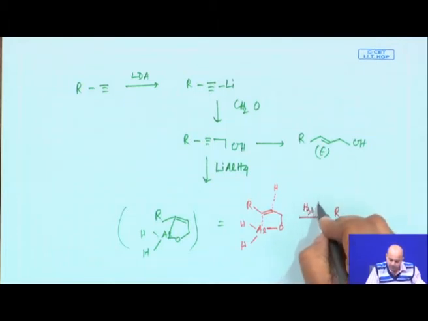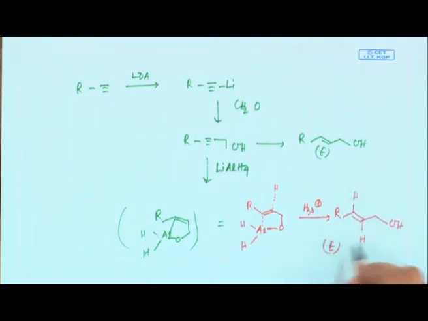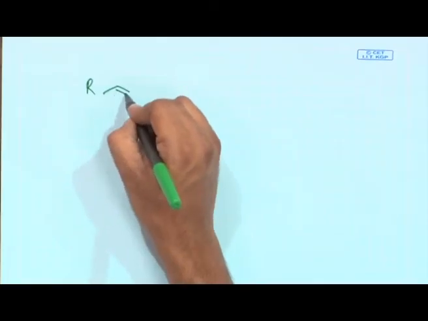If you do an aqueous workup, you end up with this allylic alcohol, where these hydrogens are E or trans to each other. So, in principle, this last reaction is also a very important reaction.